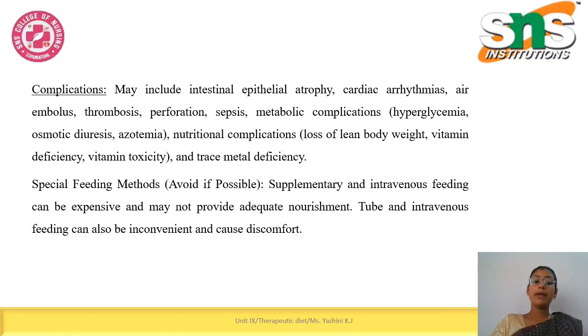These are the main complications, and intravenous feeding can also be costly. It is very costly because TPN includes all the electrolytes, so the cost may be higher. We have to consider the patient's economic status also, and provide adequate nutrition within the limit.